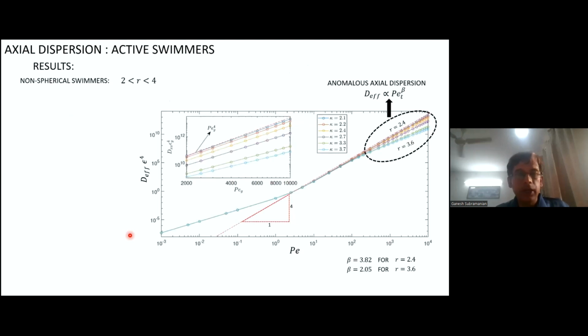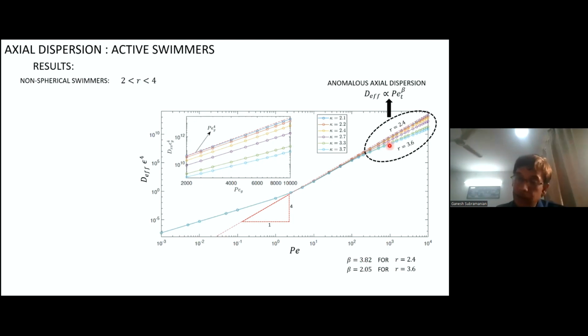And so let me just show these profiles all plotted together. So all 5 aspect ratios, and this tells you that 2.4 increases very close to that red dashed line with a slope of 4. And by the time I reach 3.6, I'm growing at a significantly slower rate. So beta is just 2.05, and it's almost half of its value at 2.4.